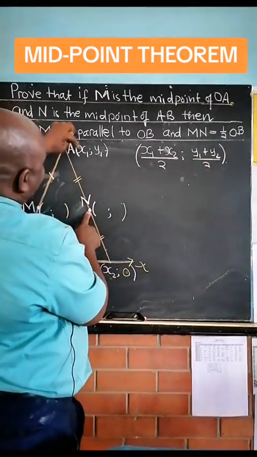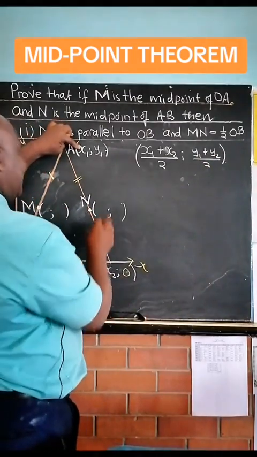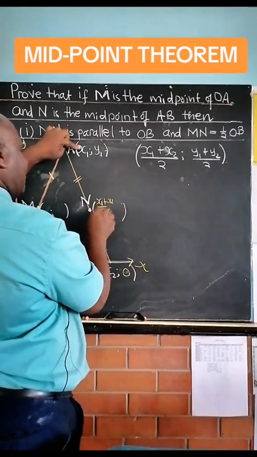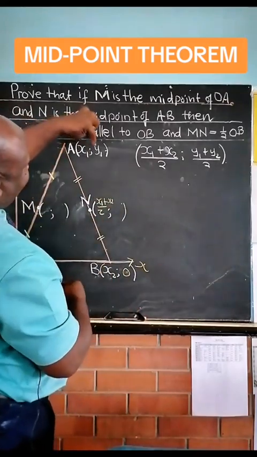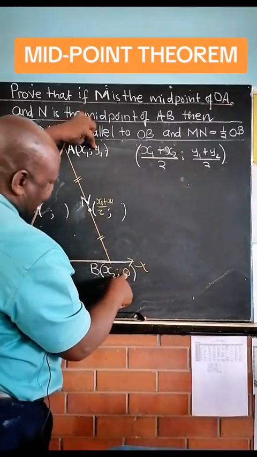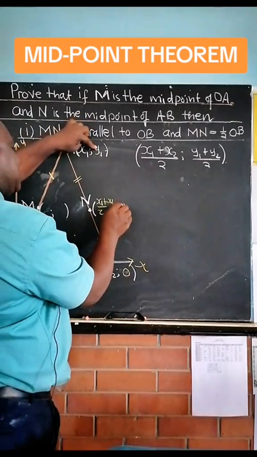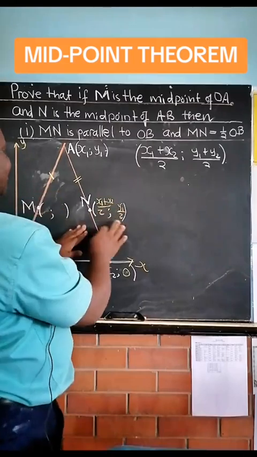My x1 in this case plus my x2 is x1 plus x2 over 2. What about the y value? For the y value, I'm going to have y1 plus y2, which is y1 plus 0 over 2. This comes to y1 over 2. So these are the coordinates of N.